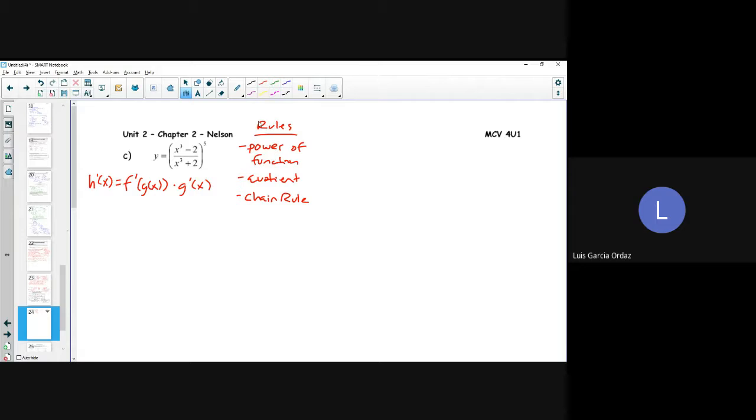All right, so we have our function. Can anyone identify what my function f of x will be? x to the power of 5. So what will my derivative f prime of x be?